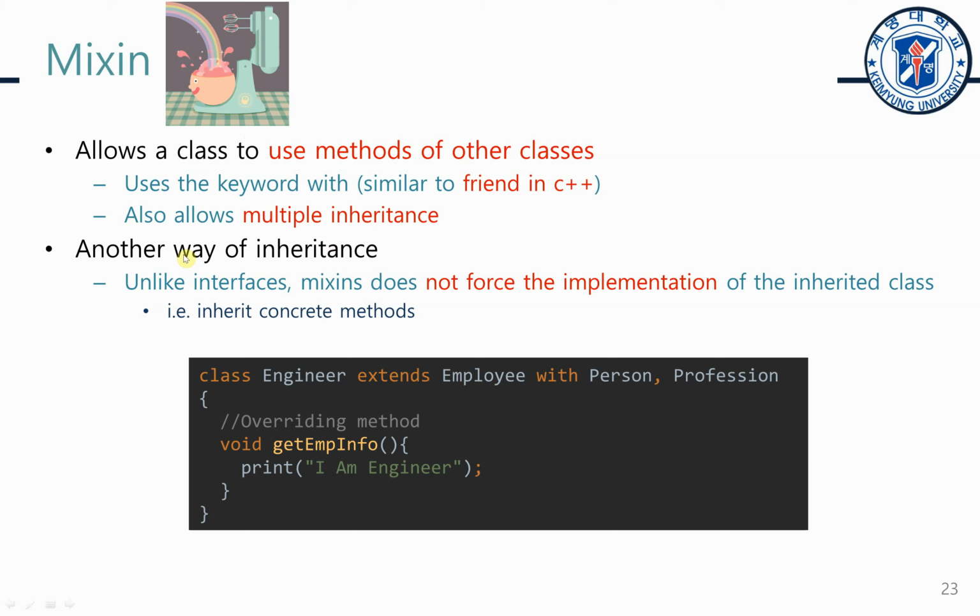When you are using a mixin, unlike interfaces, mixins do not force the implementation of the inherited class. Okay, so earlier we said class Engineer extends Employee with Person and Profession. The keyword with is used to mix, just to mix other things.